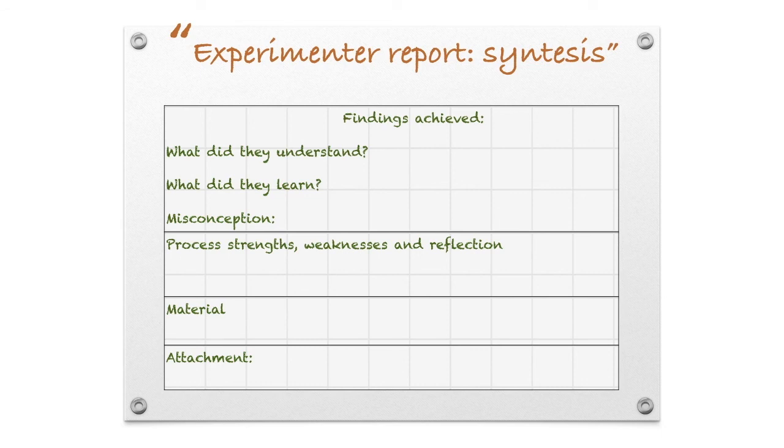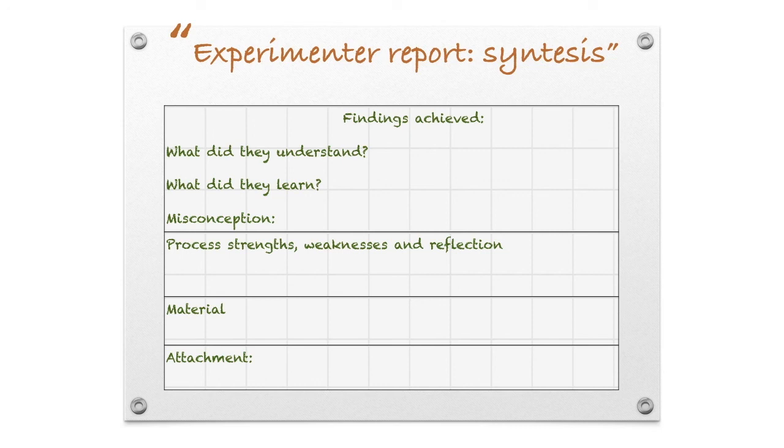This other part of the synthesis focuses on the findings achieved. In this part of the format, you are answering questions about whether your students have understood what has been explained, whether they learned something new, and whether they have some misconception you have to work on.